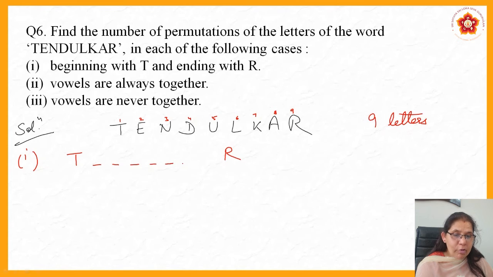So how many do we have to arrange? 7. Total were 9. Now we have to arrange only 7 letters in 7 positions. So what is the number of ways that we can make this arrangement? 7 letters in 7 places. It will be factorial 7 ways.